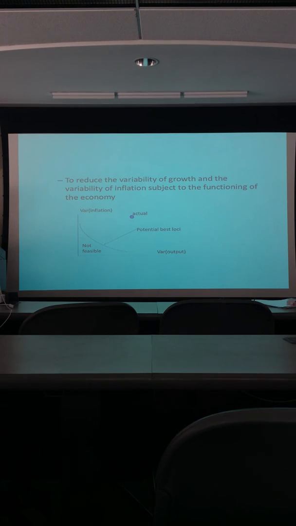And so this is a trade-off between the variance of inflation and the variance of output. If you want to lower the variance of output, you have to pay higher variability of inflation. And as in the example that you did, if you want lower variability of inflation, you pay a price by having a greater variability of output.